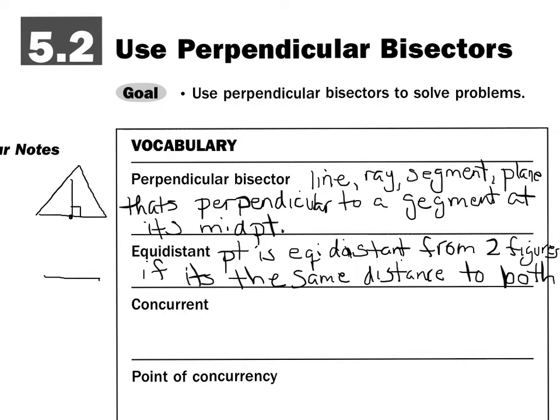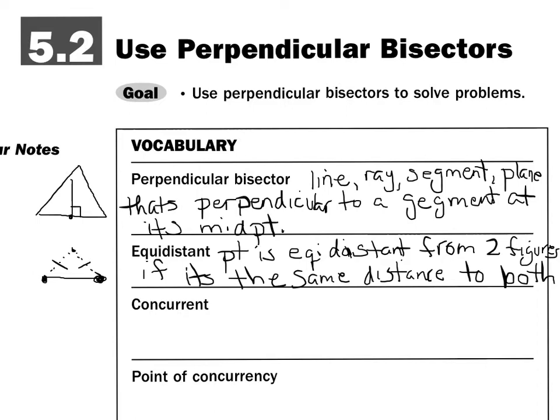So if I had a line segment here, I had a point up here, and then I drew in this and measured it, and drew in this and measured it, and they were equal, I could say that that point is equidistant from both of those segment endpoints.